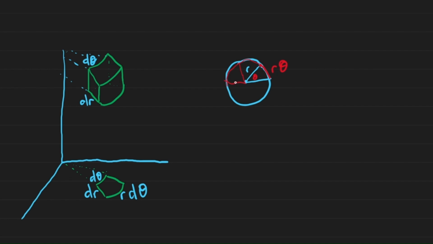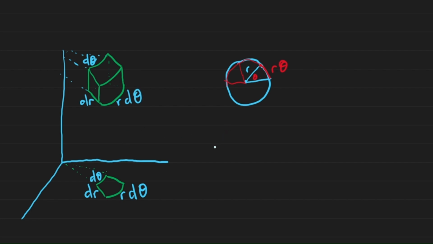So pi radians is 180 degrees. But the whole point of this was to show that the length of the arc is equal to the radius multiplied by the angle. So here we can see that this is our radius length, dr, and our angle is d theta. So the length of the arc is r d theta.